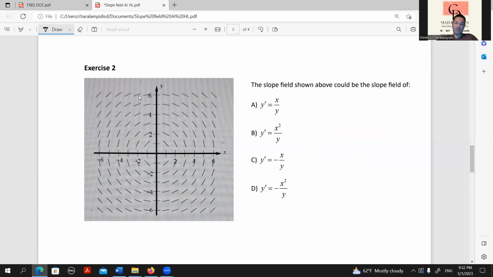Let us see that here in the first quadrant, we know that for a random point x, y, both x is positive and y is positive. So, let's take chances. Assuming that in the first quadrant, all slopes are negatives.